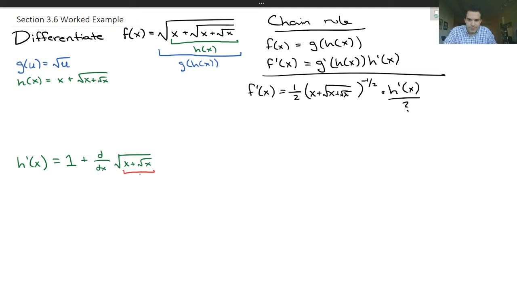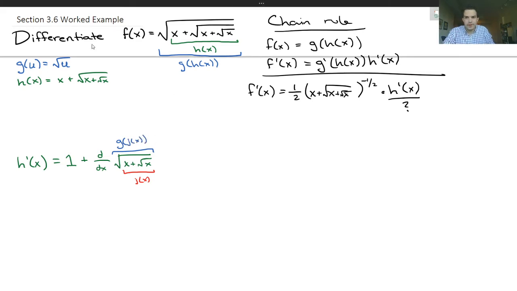And what I'll do is I'll call the inside bit j of x. And the whole thing here is going to be g of j of x. Okay, so I'll put up here, j of x is just x plus square root of x.